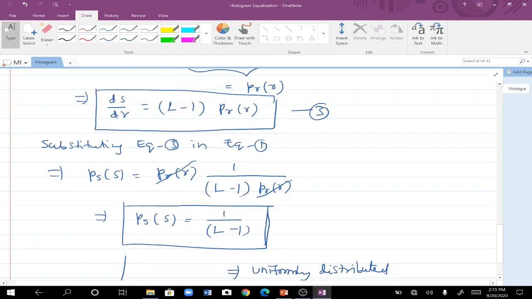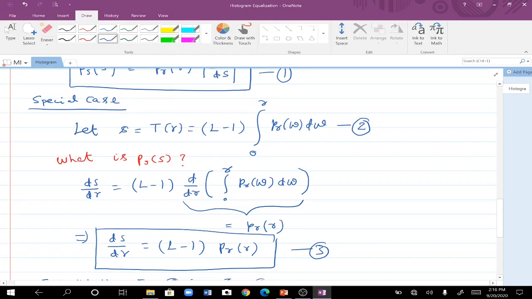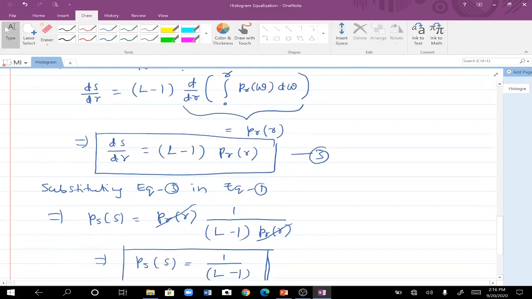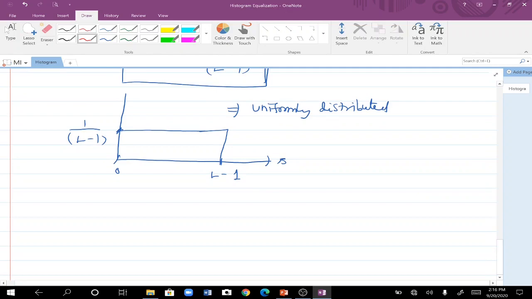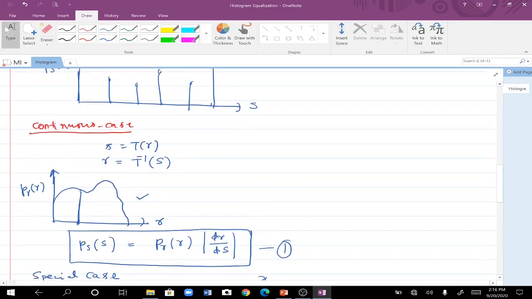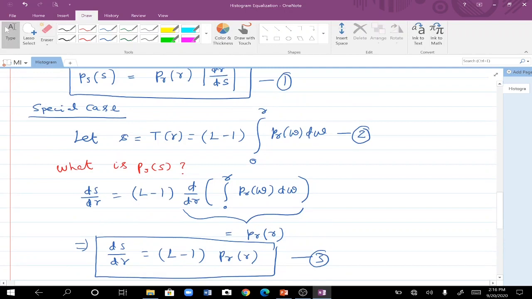So this is the case when you have a continuous parameter. But now what we have in case of a digital discrete image is that you don't have the integration here. That's the summation. You have its value. We now need a discrete equivalent of a PDF. So let's write that function for a discrete equivalent. Now what we have here is s equal to this equation 2.